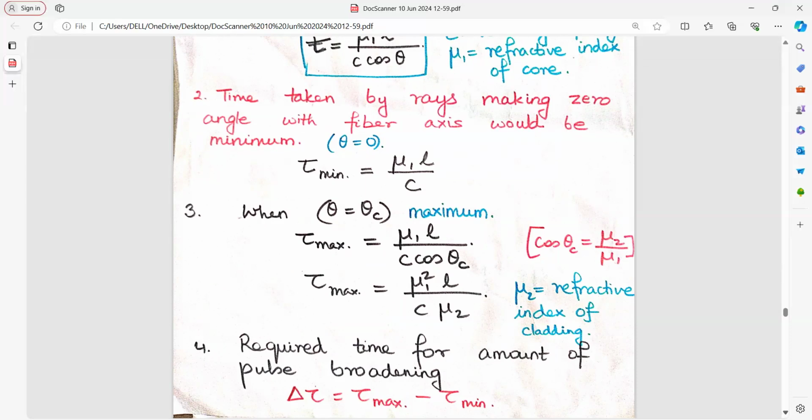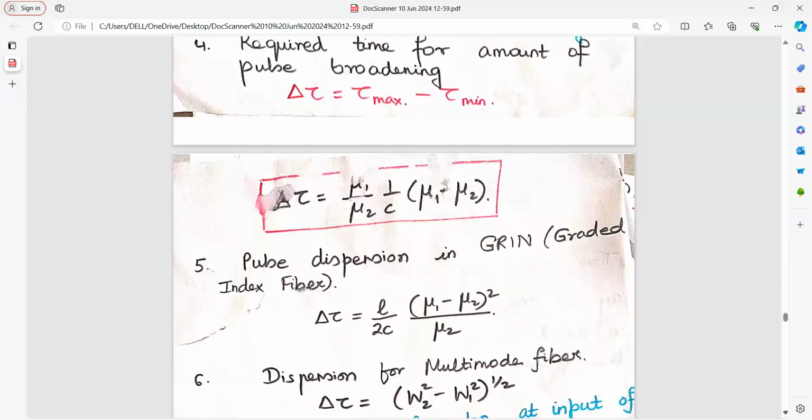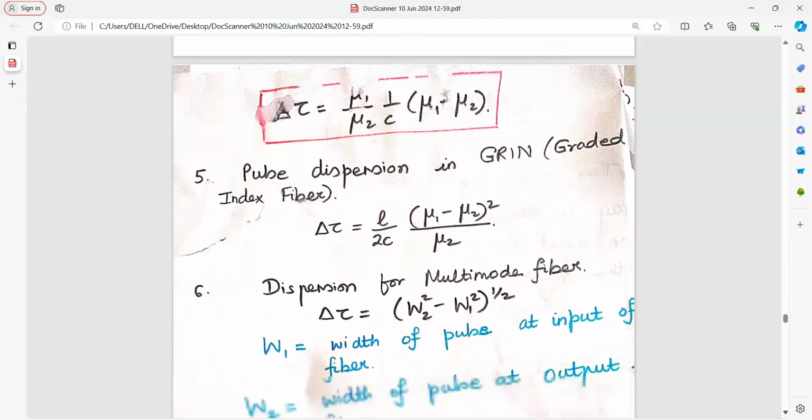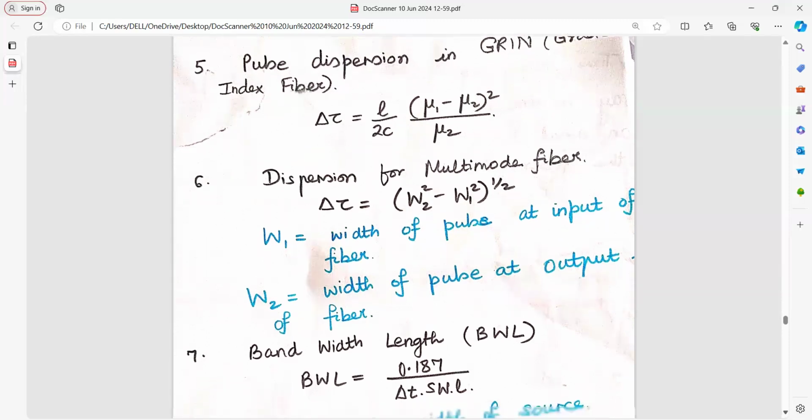Required time for amount of pulse broadening is maximum time minus minimum time. Pulse dispersion in graded index fiber is given by L upon 2C into mu1 minus mu2 whole square divided by mu2. Dispersion for multi-mode fiber, W2 minus W1, where W1 is width of pulse at input, W2 is width of pulse at output.